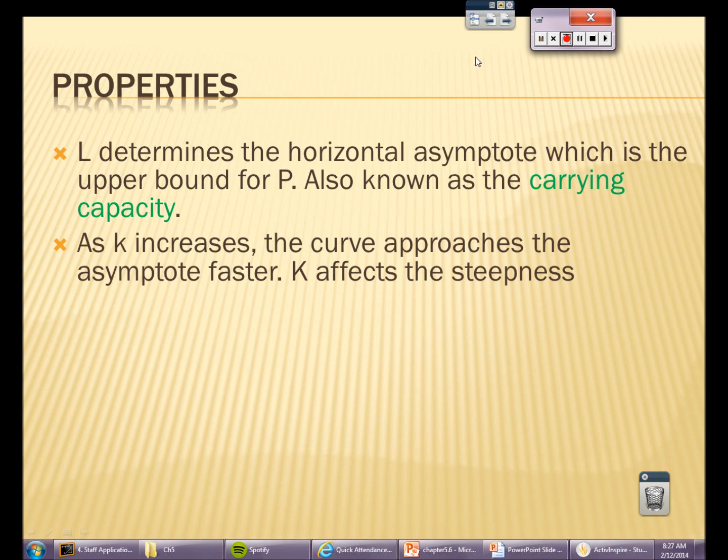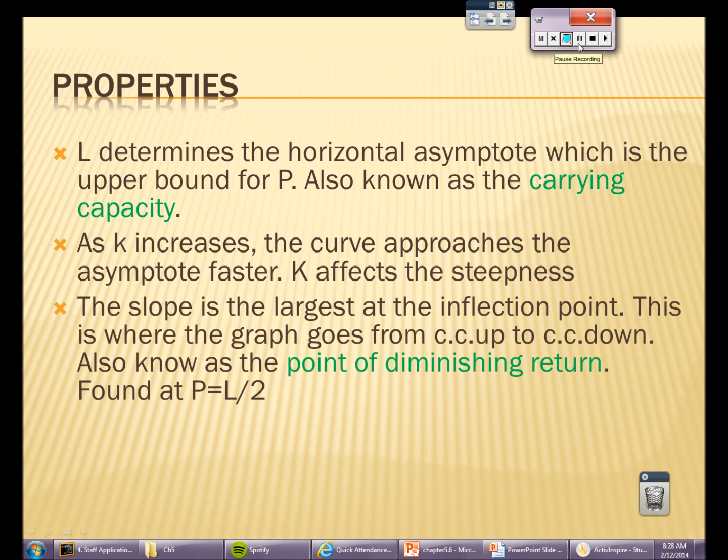How high can a function go? k affects the steepness of the curve, or how fast that curve approaches the asymptote. The slope at the largest point is going to occur at the inflection point. That's where it changes over from concave up to concave down. That can be found by taking L and dividing it by 2, because then you would be halfway to the carrying capacity.